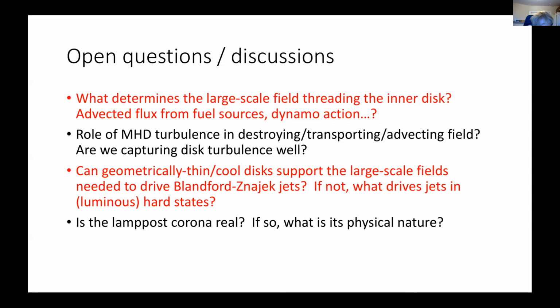We either have no jet, for example in simulations with toroidal magnetic fields for thin disks, or we have very weak jets. But usually these weak jets at least propagate for a few hundred RG before they are killed by kink instabilities and other effects that arise from the interaction between the ambient medium and these jets.